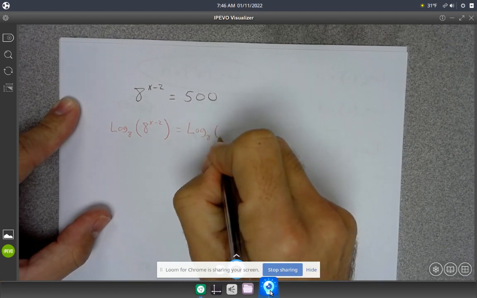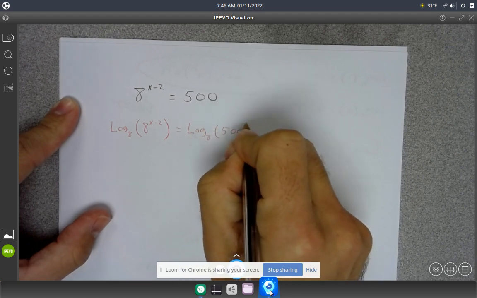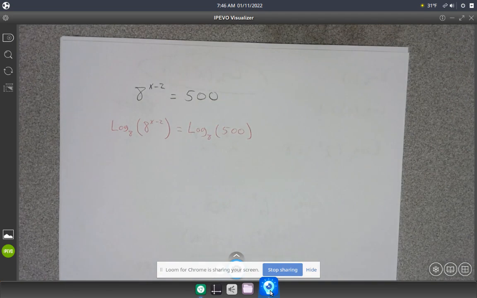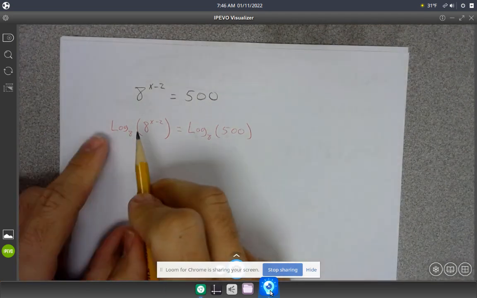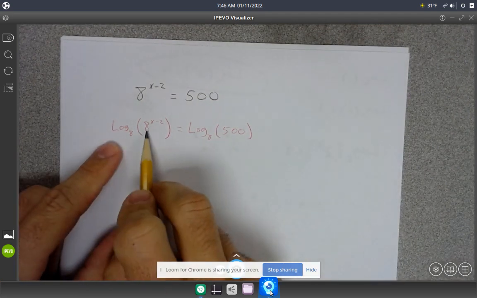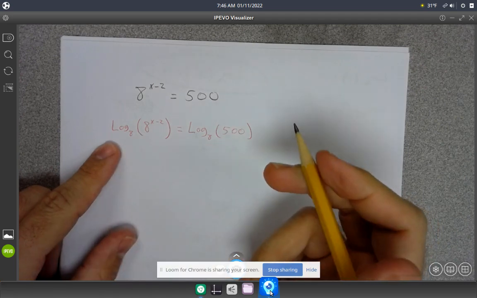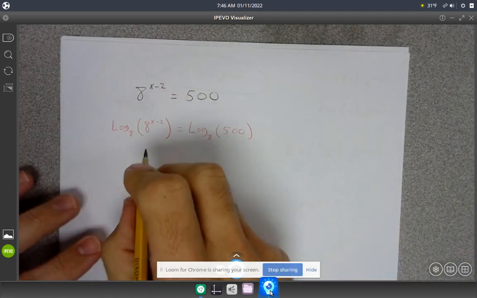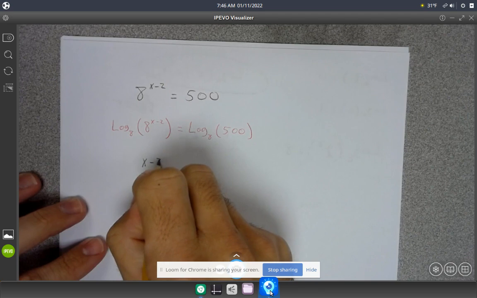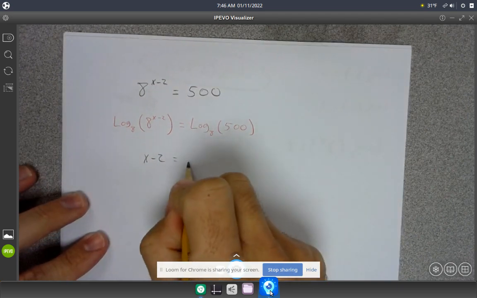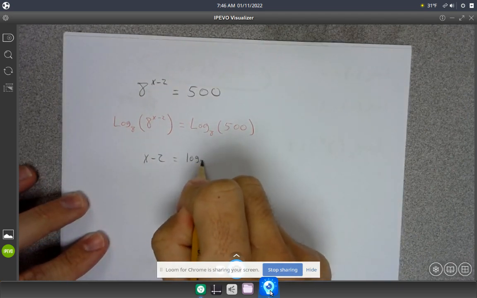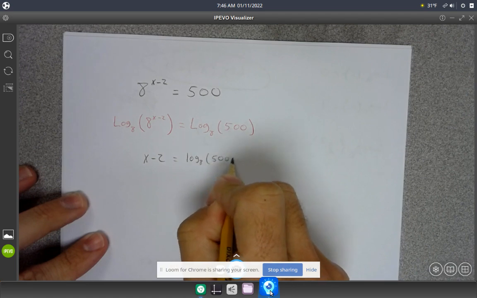On the left side, the log base 8 and the exponential part are just going to cancel each other out. They're inverses of each other. And so you get x minus 2. Log base 8 of 500.